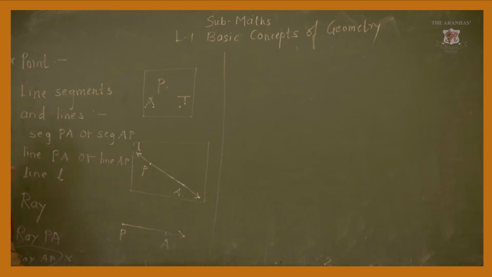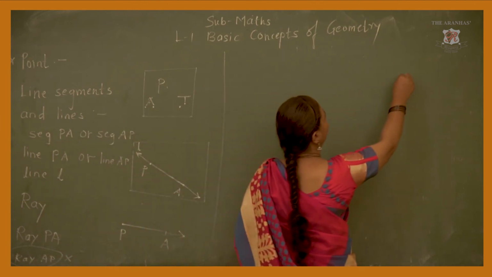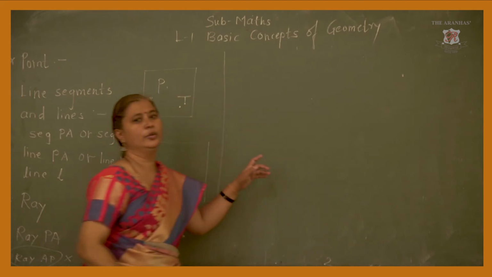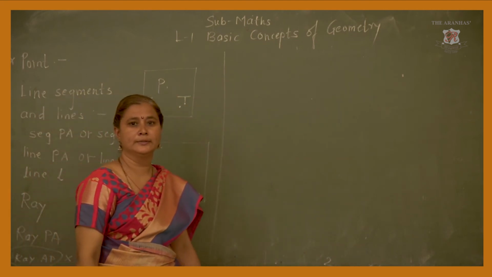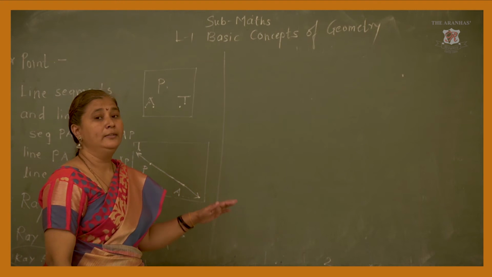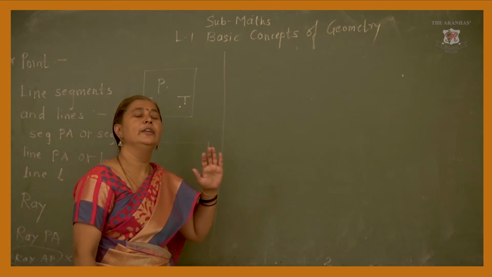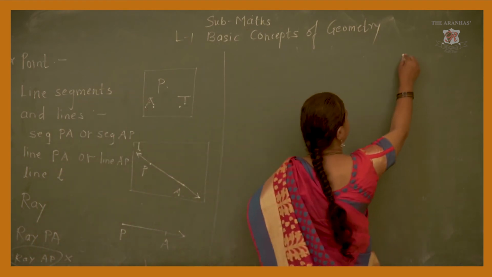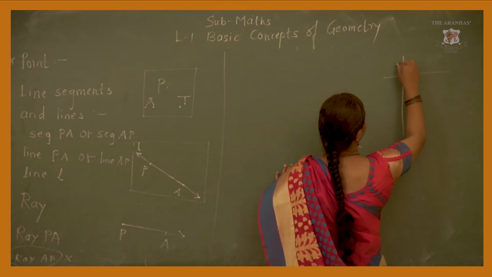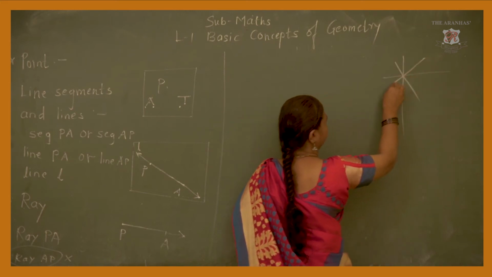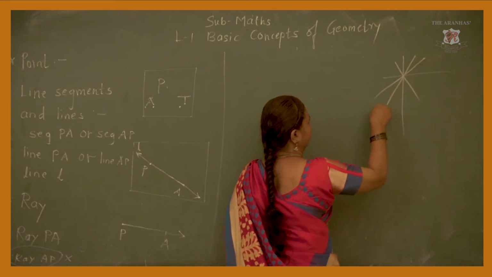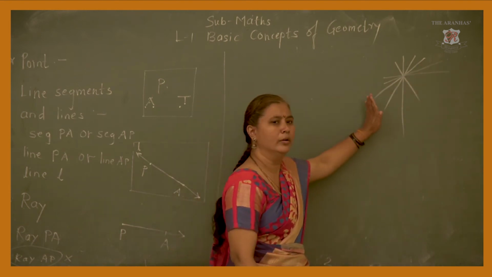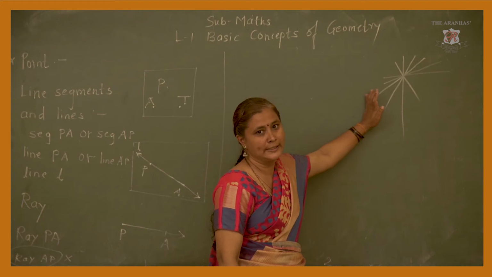Understood? Now see here, I am drawing a point over here. How many lines can you draw from the point? We can draw infinite lines from one single point.